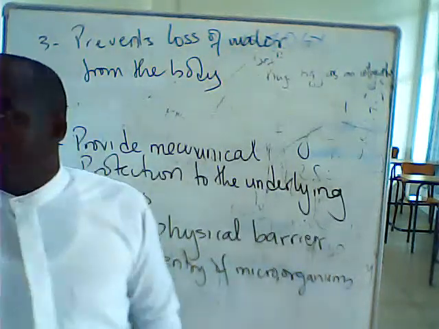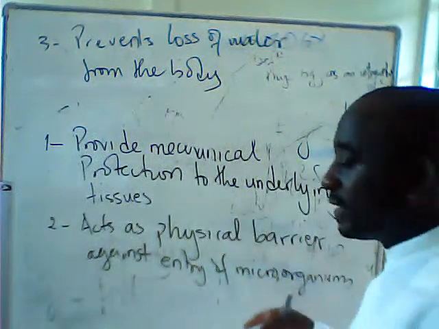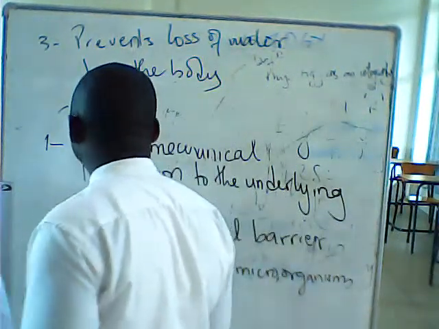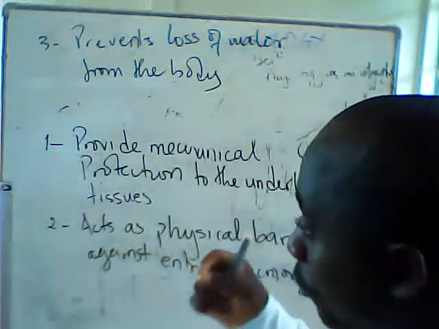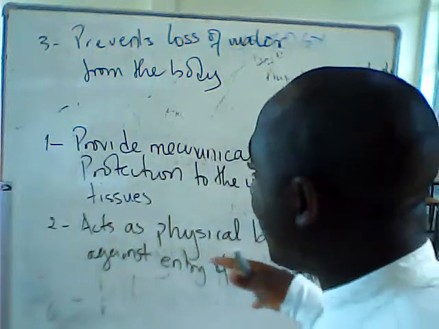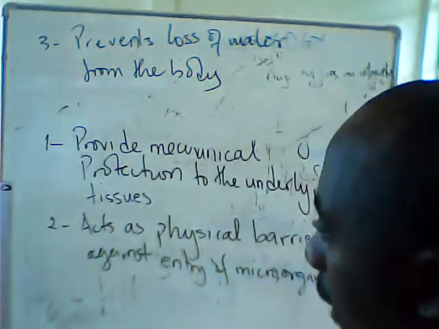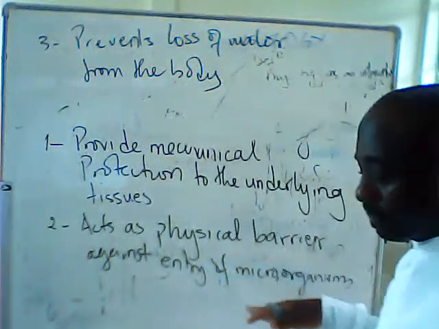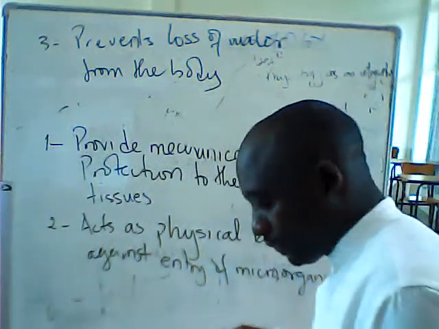The first one provides mechanical protection to the underlying tissues. The second acts as a physical barrier against entry of microorganisms. You've got to give full details, complete sentences, okay? What is the third function? It prevents loss of water from the body.